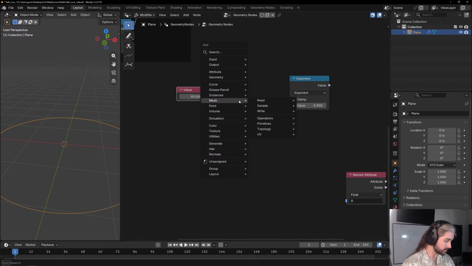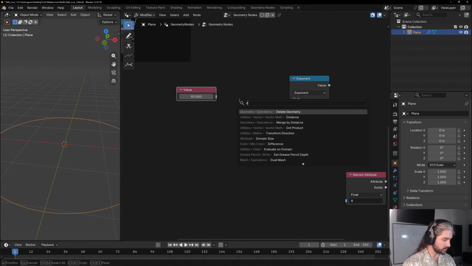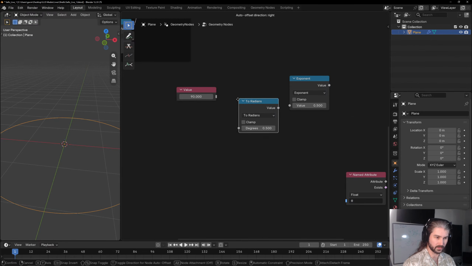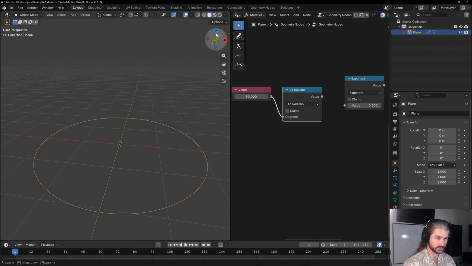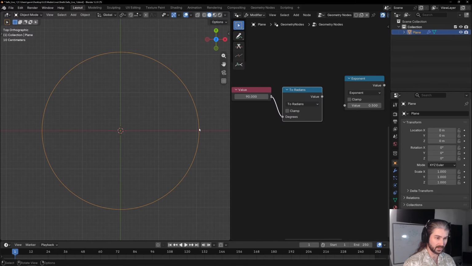That's in degrees, so we need degrees to radians. There we go. And 90, you will notice, is of course a right angle, which means that we're still going to be drawing a circle if we leave this at 90. That's why we're starting there.